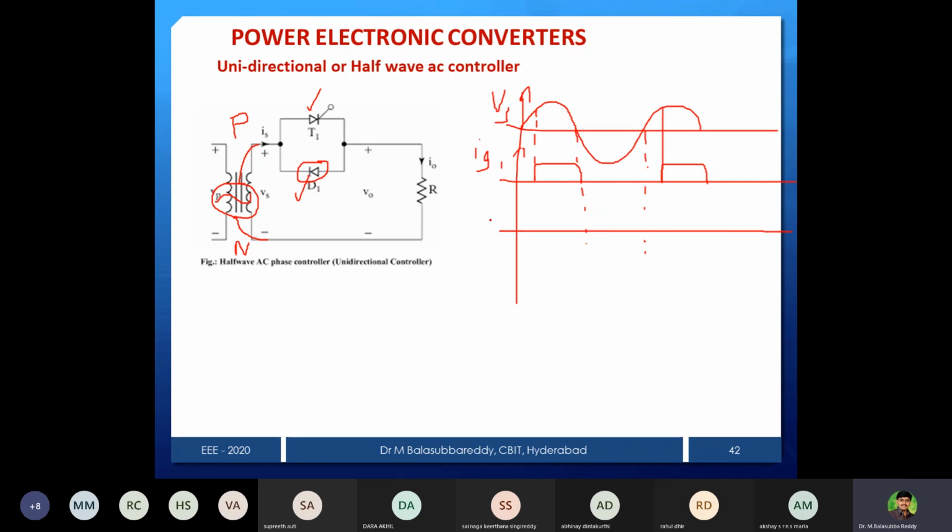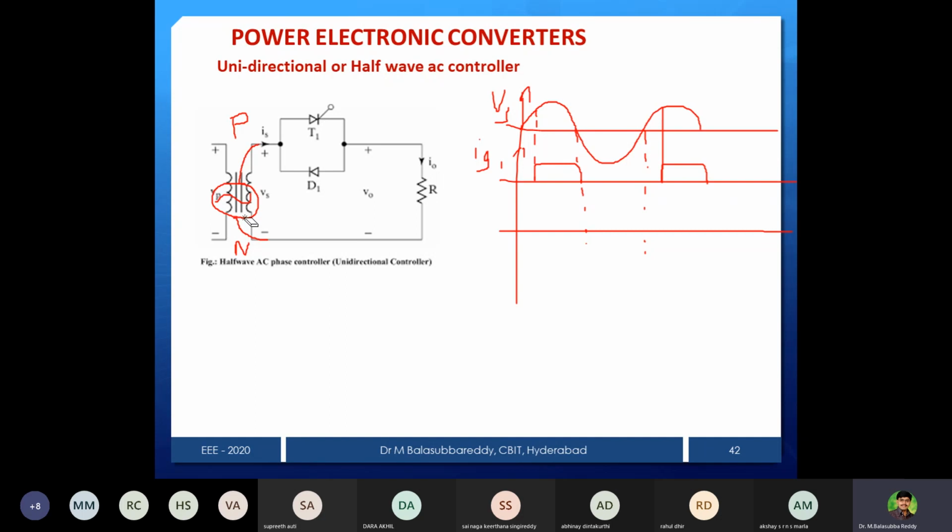If it were a thyristor, it would be forward biased during the negative half cycle, and I would have to give a firing pulse there. At the moment I don't give the pulse to the diode because it is not required; whenever it is positive, it is going to conduct.